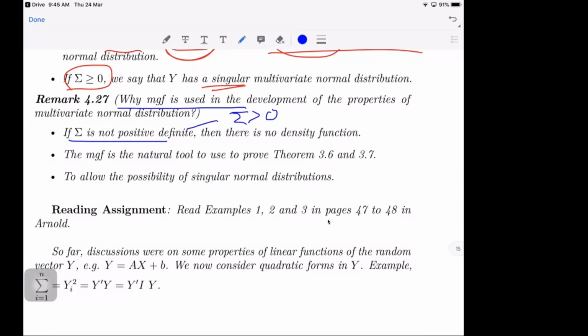Because if it's not positive definite, then the distribution of y does not have a density function. And the moment generating function is the natural tool to prove our theorems in 3.6 and 3.7. And a moment generating function allows us the possibility of a singular multi-normal distribution.